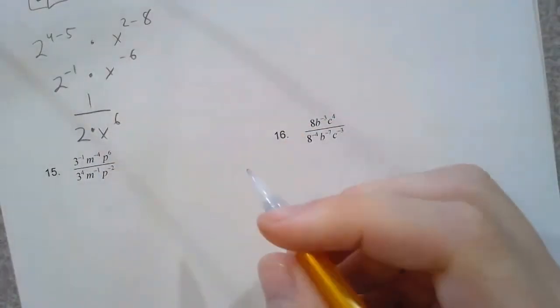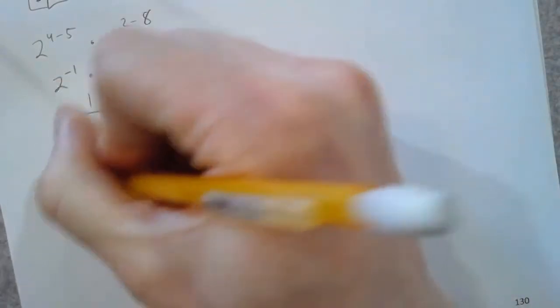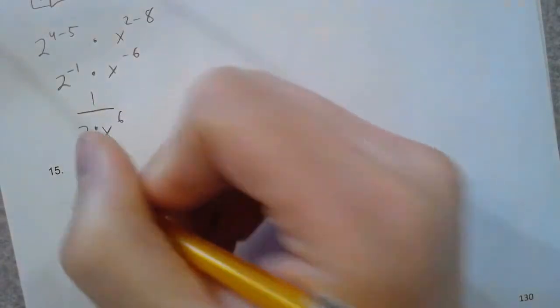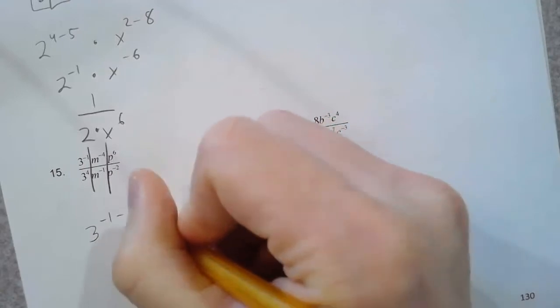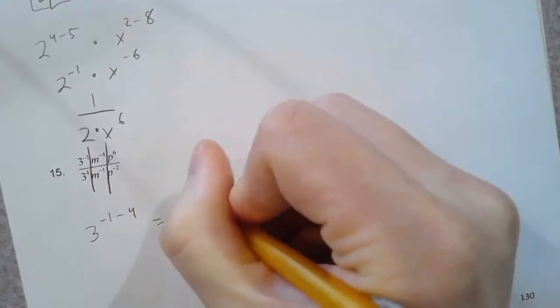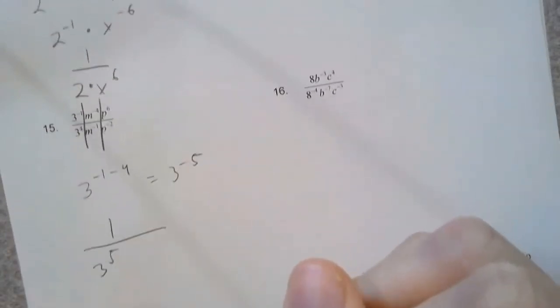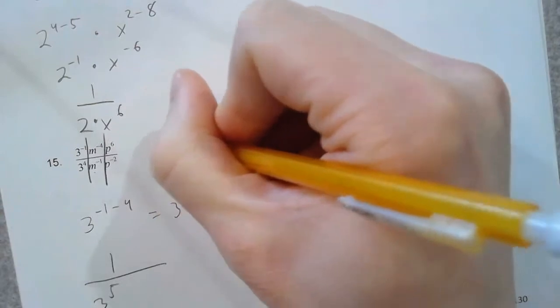Let's do number 15. 3 to the negative 1. It's 3 separate problems, really. So 3 to the negative 1 over 3 to the 4. So I could do 3 to the negative 1 minus 4, which is 3 to the negative 5, which means I need to write it as 1 over 3 to the 5th. M to the negative 4 over m to the negative 1.